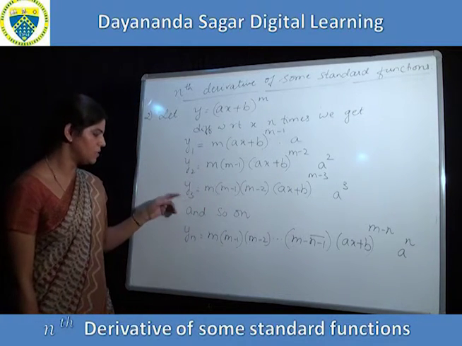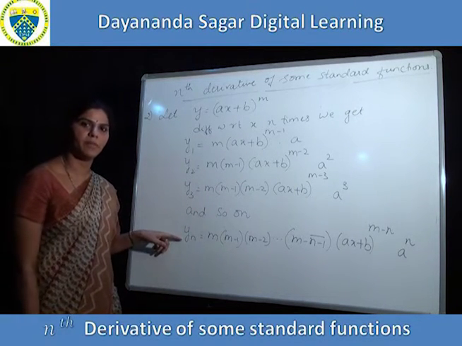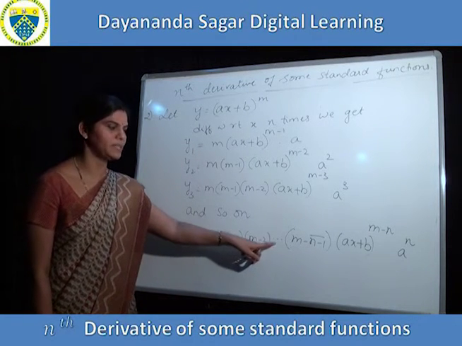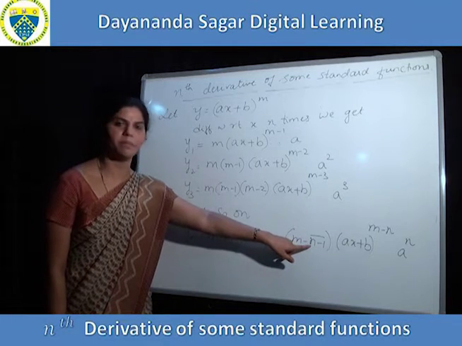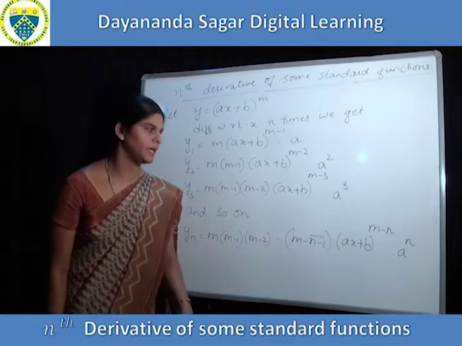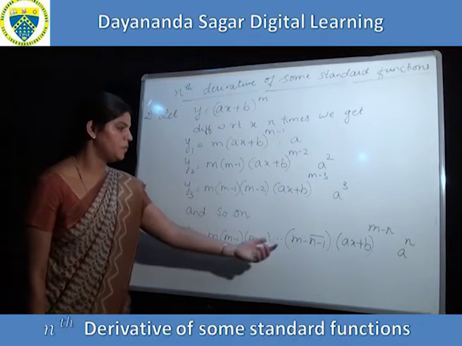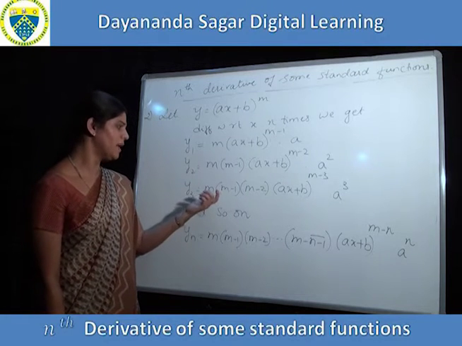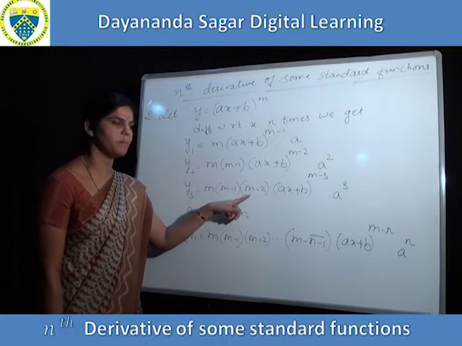So generalizing this, we obtain the nth derivative yn which is equal to m into m minus 1 into m minus 2 etc. up to m minus of n minus 1 into ax plus b whole power m minus n into a power n. So here, how do we write the last term? If you see the third order derivative, you have three factors, m into m minus 1 into m minus 2.